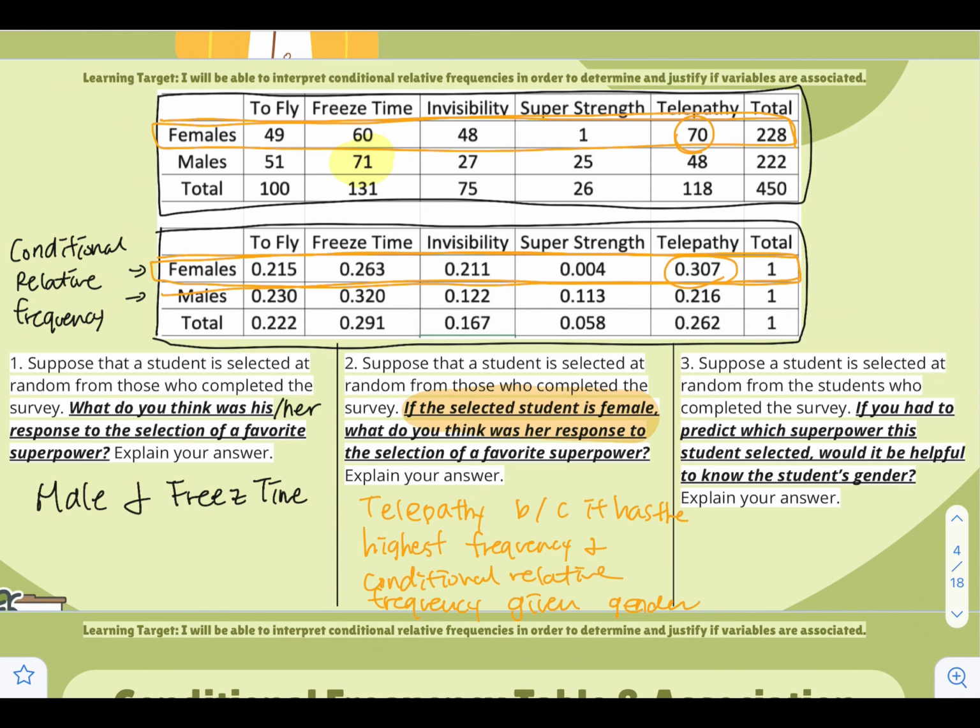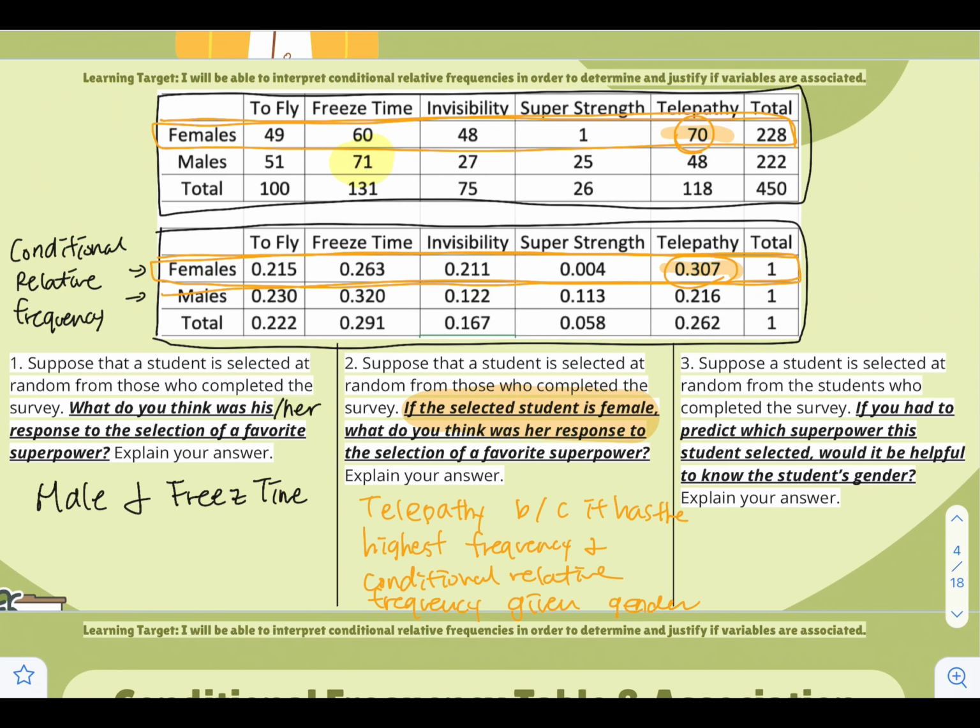For the previous example, if we know the student is female, we said we'll pick telepathy just because it has the highest frequency and conditional relative frequency. So I think if I get to know the gender, it will be easier for me to guess the best bet because it eliminates the unknown possibilities and lets me focus on the best bet.